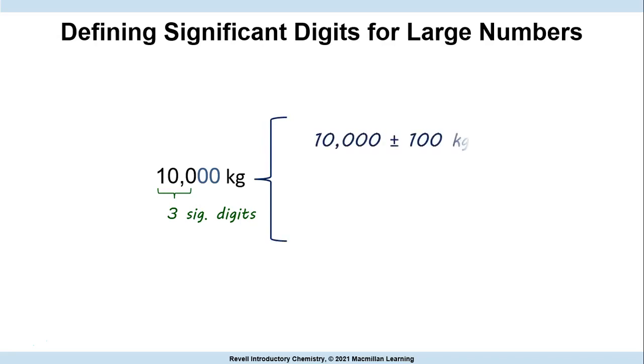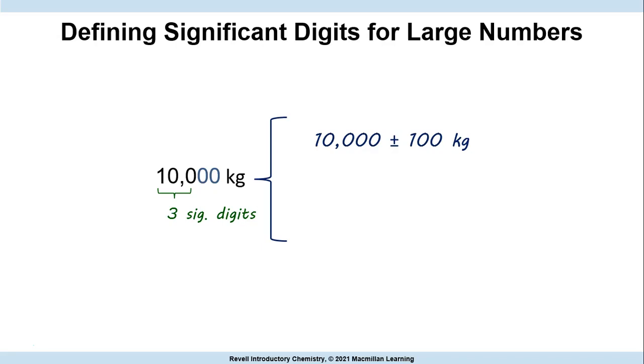The uncertainty here is plus or minus 100 kilograms. So it means that the first 2 zeros here will be significant if you are looking at plus or minus 100 kilograms. So that is the first way of expressing it.